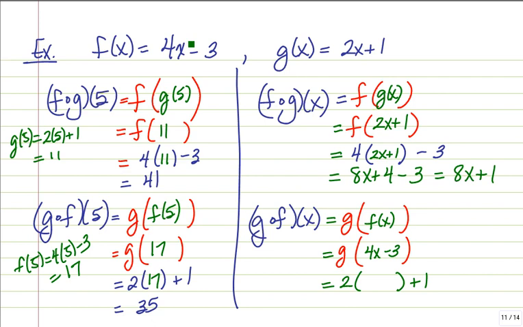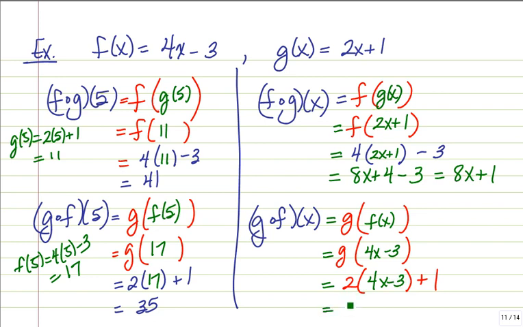So what is our input? Let me do this in a better color so you can kind of see that. So g is what? 2 times something plus 1. Well, what is that something? It is 4x minus 3.